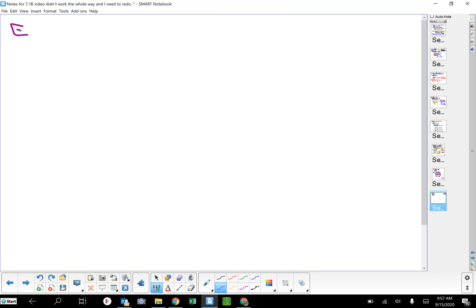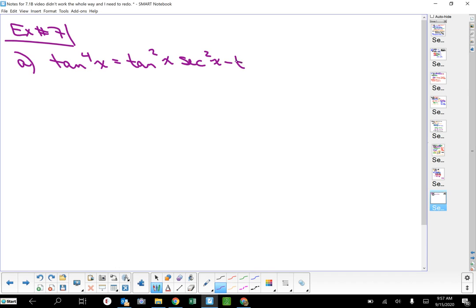So example number 7. A is tangent to the 4th x is equal to tangent squared x times secant squared x minus tangent squared x. Well, this came out of my old textbook, and they actually do this a very different way, but the way that I saw to do this, on the right-hand side, there's a tangent squared x in both terms, so let's factor that out.